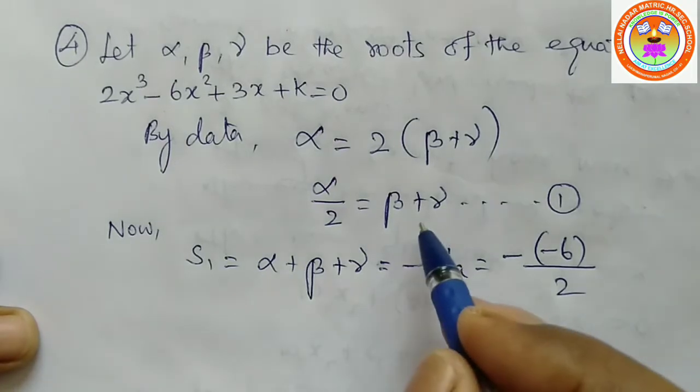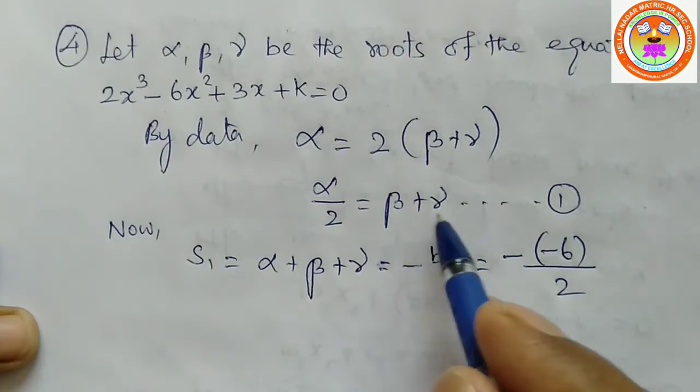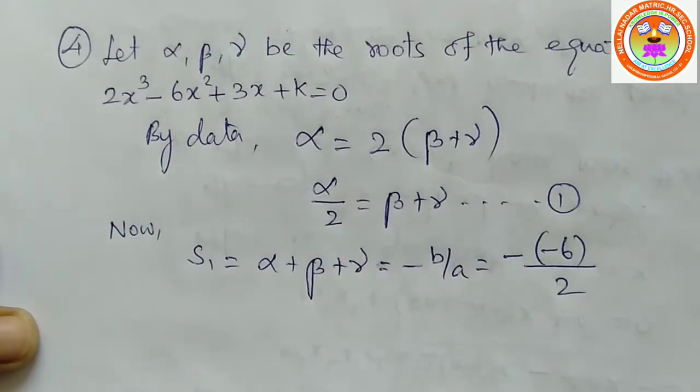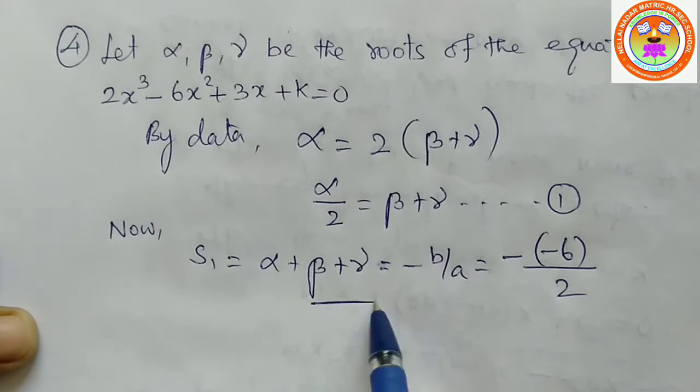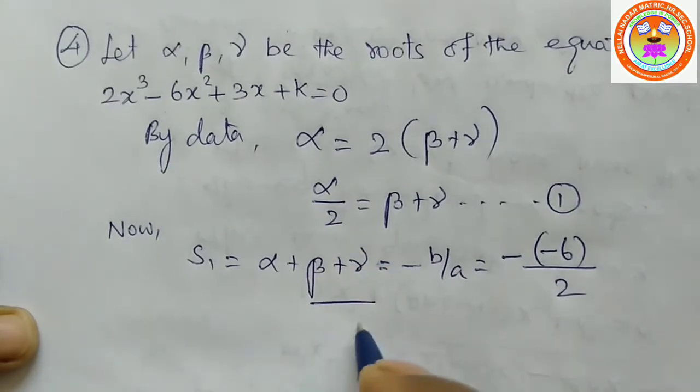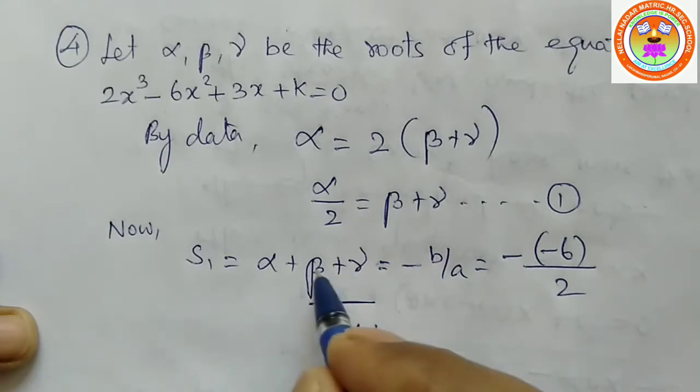But from the first equation, beta plus gamma is alpha by 2, so we can write alpha by 2 instead of beta plus gamma.